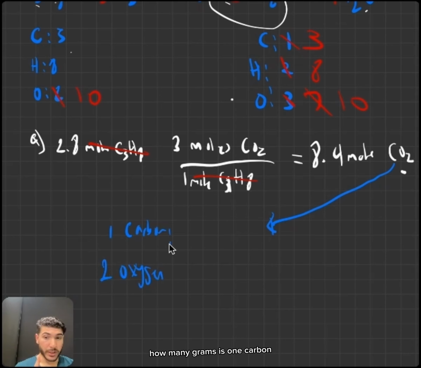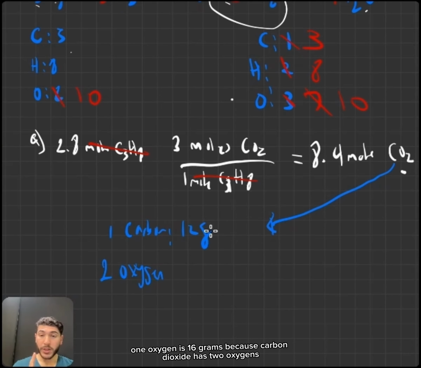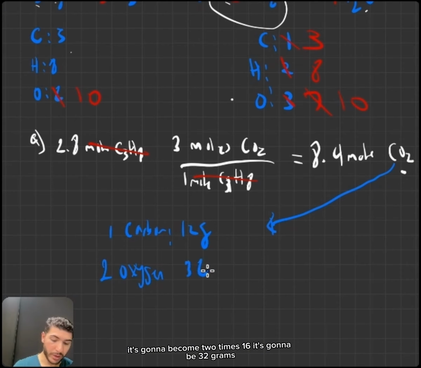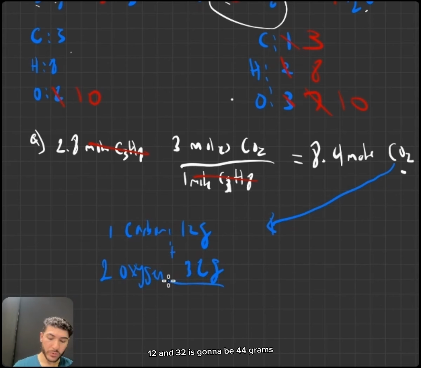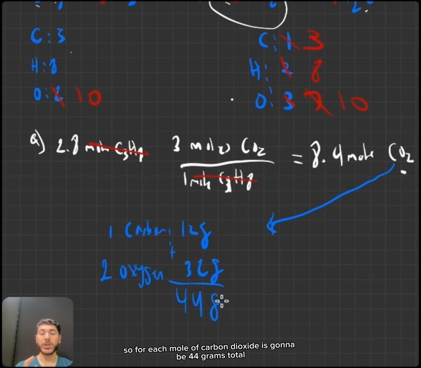How many grams is 1 carbon? 1 carbon is going to give you 12 grams. 1 oxygen is 16 grams. Because carbon dioxide has 2 oxygens, it becomes 2 times 16, which is 32 grams. 12 and 32 is 44 grams. So each mole of carbon dioxide is 44 grams total.